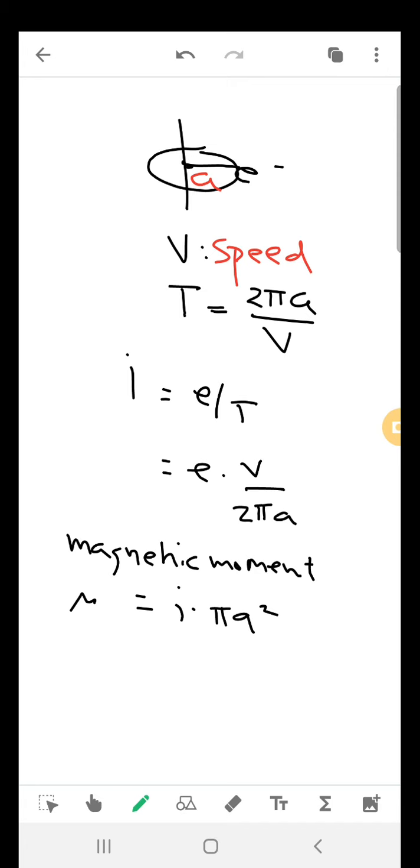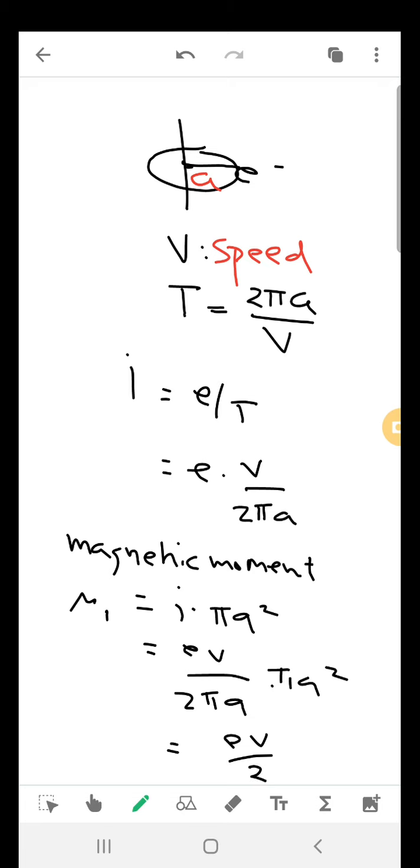We call it mu L, the orbital angular momentum L, and it is equal to, putting the values, EV by 2 pi A into pi A square. So it will be EV by 2 into A.